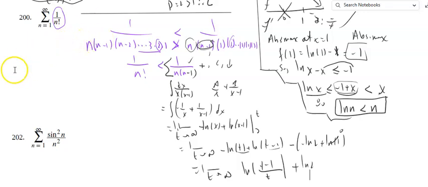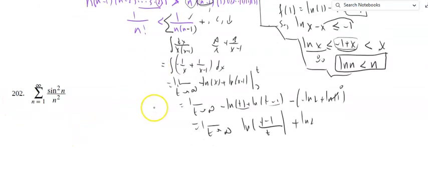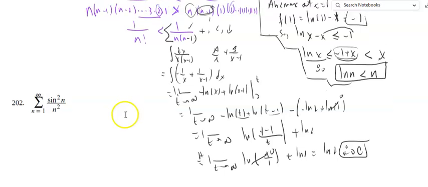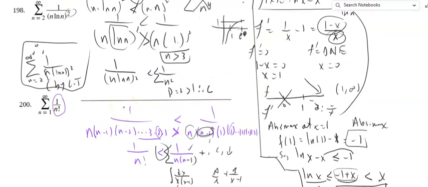And as t approaches infinity, by L'Hopital, that's natural log of 1 over 1. So that's 0, and I'm left with natural log of 2, therefore it converges, and this was bigger, if you see. Therefore the series n equals 1 to infinity of 1 over n factorial converges by the comparison test.